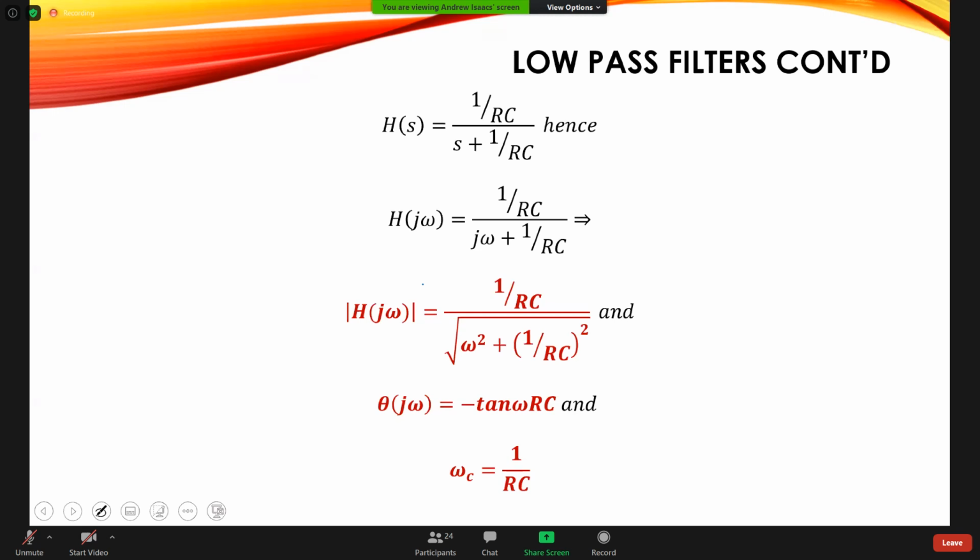So I know I've skipped a couple of steps, but since we went through them with the inductive circuit, kind of fill in the blanks here. And as before, we know that the cutoff is equal to 1 over tau.